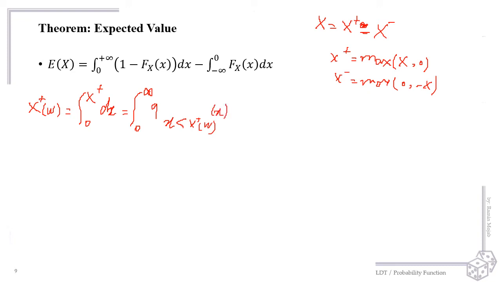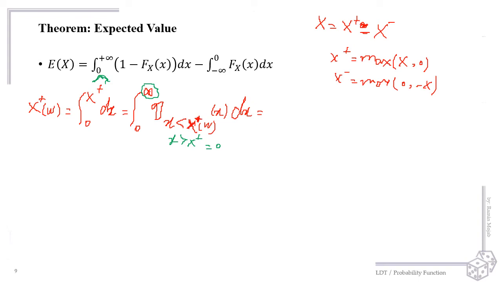This is the indicator function dx, and note that if x is greater than X plus, then the value of this indicator function is 0, and that's why we use infinity here instead of X plus. And we can omit this positive sign here because X is positive.